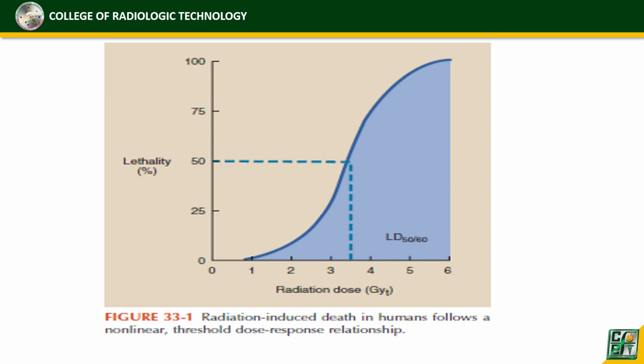Doon sa given image, 100% lethality, 6 gray. So 50% lethality, siya ay almost 3, slightly bigger than 3.5 gray. Okay? Meron siyang threshold pero siya ay nonlinear.